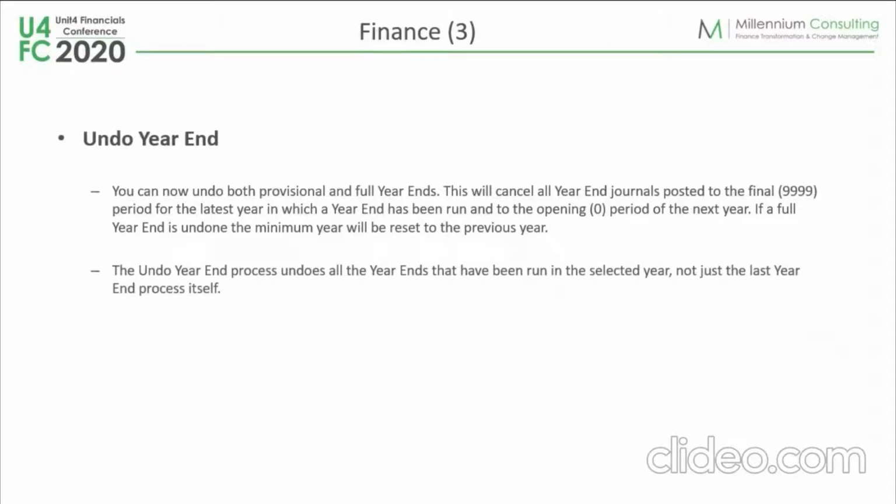Note that the undo year end process undoes all the year ends that have been run in the selected year, not just the last year-end process itself. So, if you undo the year 2019 in 2020, but had also run 2018 and 2017 year ends in 2020, it will undo 2017, 2018 and 2019.